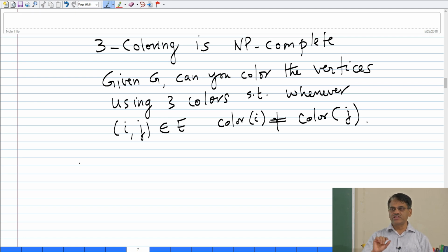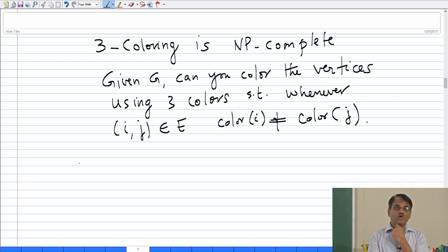You run through every edge in order m plus n time and check that both endpoints get different colors. One of the arguments says that there is no possible 3 coloring, and how do you verify that there is no possible 3 coloring? Aha. Yes, somebody wants to answer. So he says, okay, if you give me a 3 coloring, I can verify. But if you tell me that it is not 3 colorable, how do you verify?